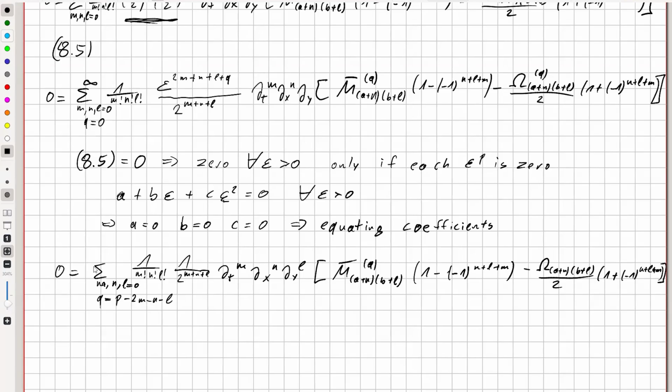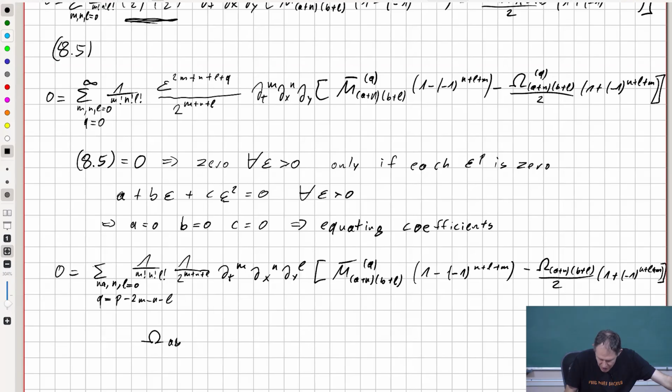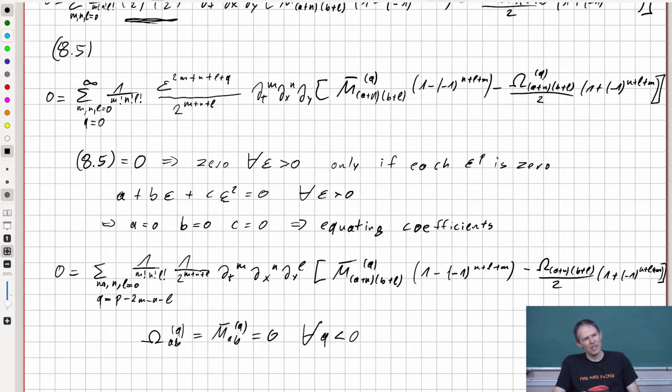But in our expansion, we had only positive orders of omega and m. So what we have to assume here is that these guys are 0 for all Q smaller than 0. So this sum is automatically terminated.